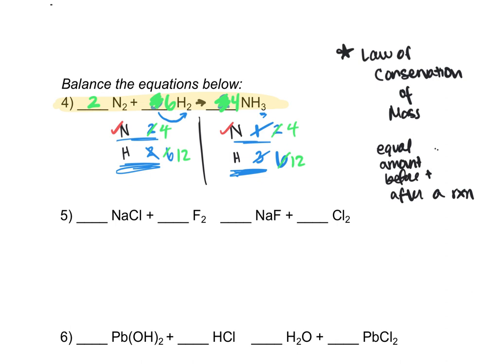But when we are doing these, what we want to keep in mind is that we want it to be the lowest numbers possible. So if I look at what I just did there, where I put a 2 there, I put a 6, oh sorry, and a 4.